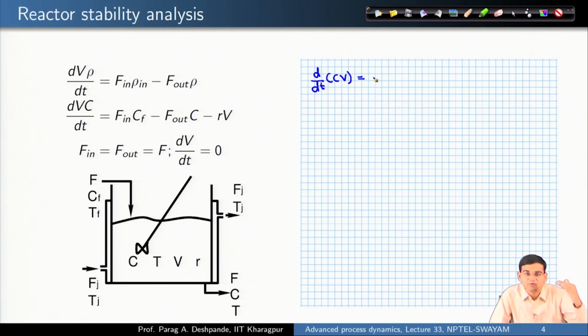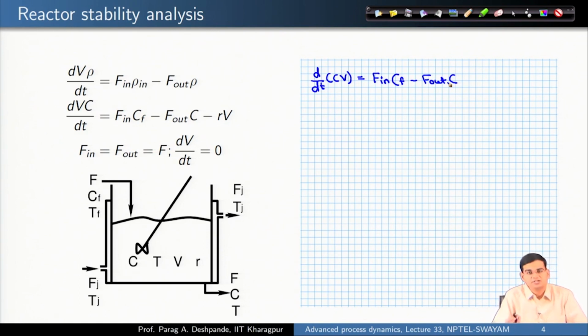I have flow rate F in multiplied by the concentration or the amount which is coming in the feed. So, concentration in the feed, this is C f, minus the analogous quantity in the outlet. So, F out C, because I know that whatever is present in the reactor is going out.